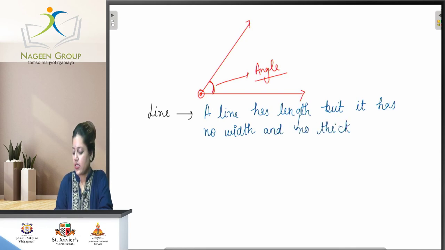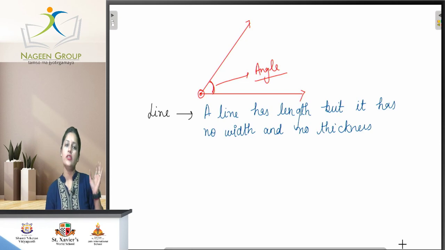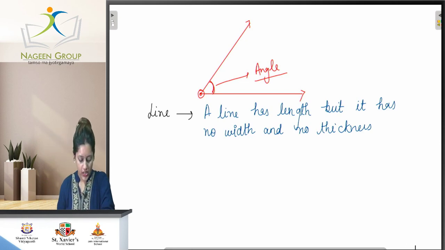What we have learned is that the line has only length but no breadth and no thickness at all. That's why it is only a one dimensional thing.